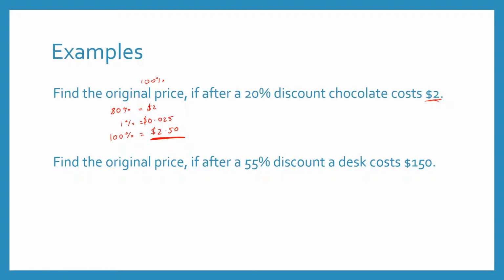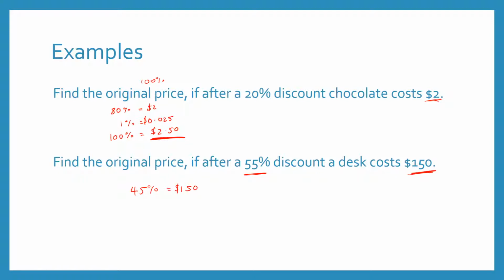Okay, so after our discount of 55%, our desk is going to cost $150. So we started off with 100, we took off 55, we're going to have 45% is our $150 desk.